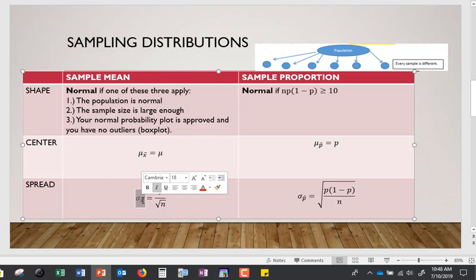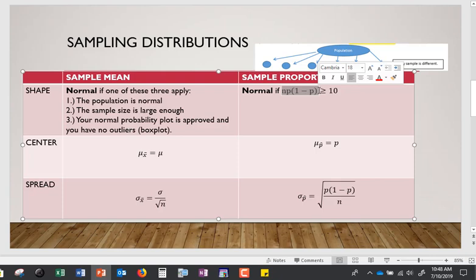If you're dealing with the sample proportion, the shape of your distribution is approximately normal if this is true: you multiply your sample size n times p, your population proportion, times 1 minus p, its complement.